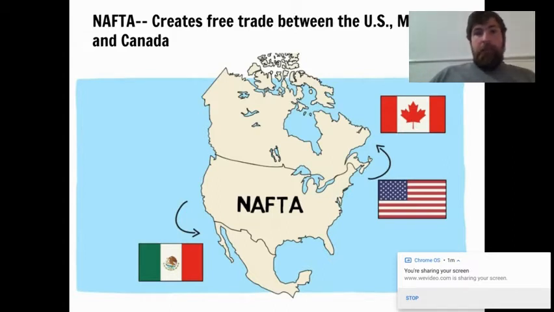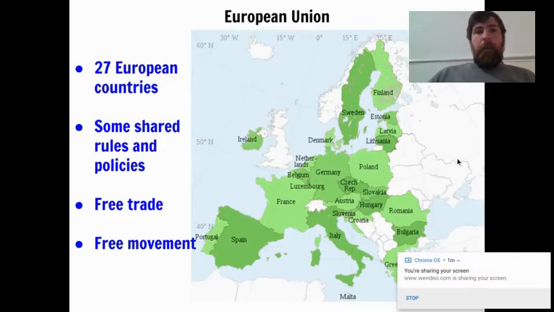And there's no tariffs, which means no taxes on exports and imports between these three countries, which means that American car companies can build factories in Mexico and Mexican workers can make the cars. And then without any kind of tax on them, they can move into the United States where they can be bought by American consumers. And the price is lower because of free trade. So that's an example of international cooperation in an economic way.